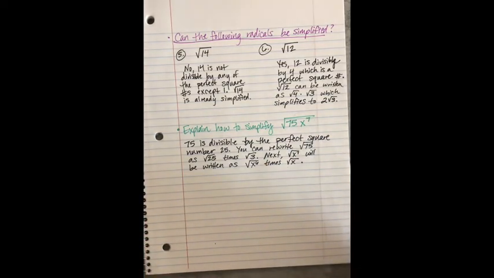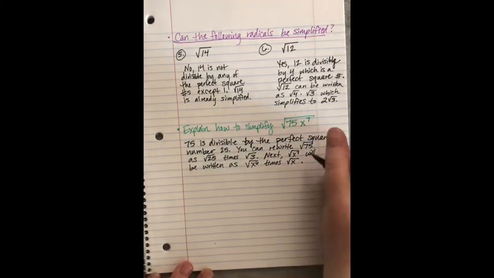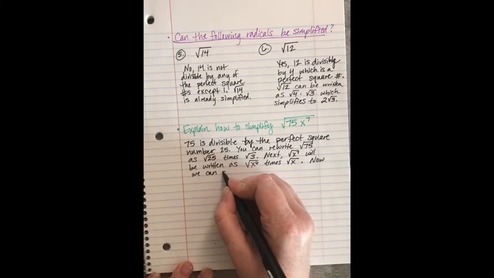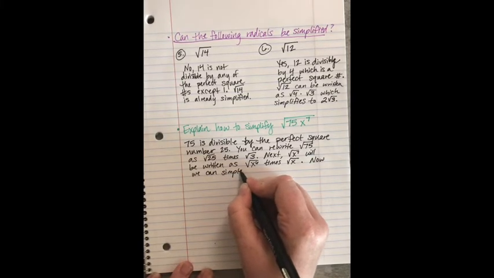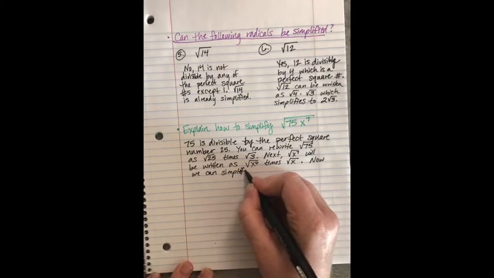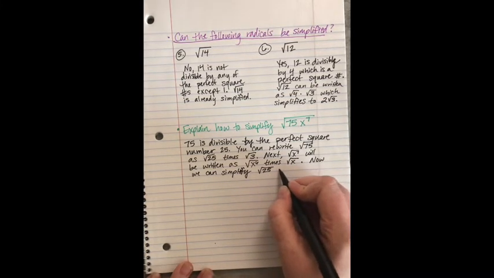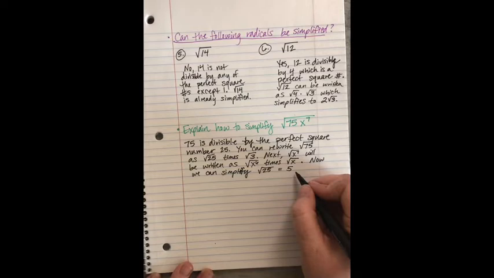So your next step is to simplify the square roots of perfect squares. Now we can simplify the square root of 25 because it equals 5.